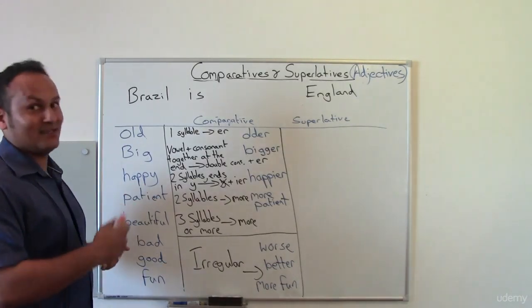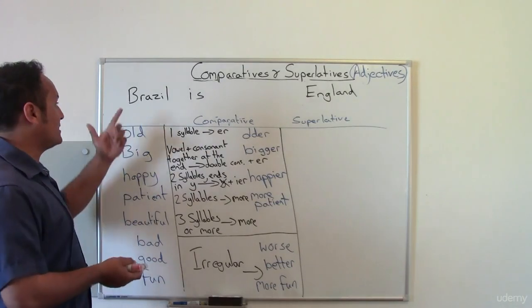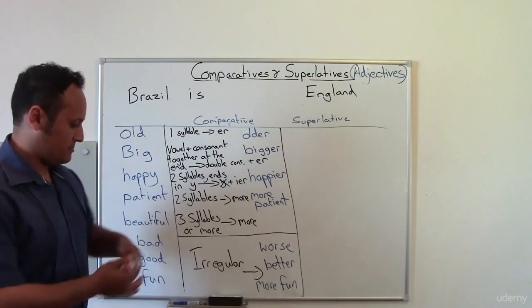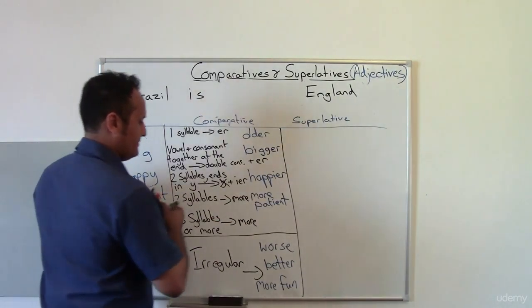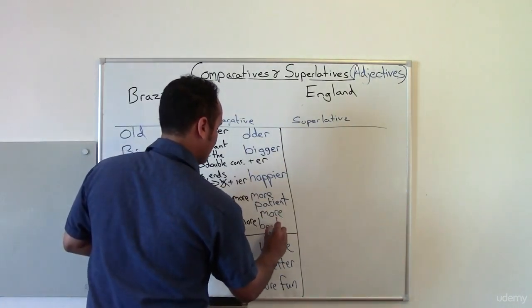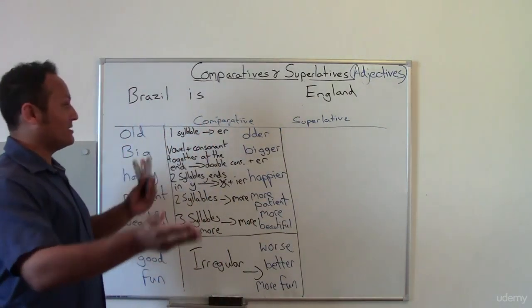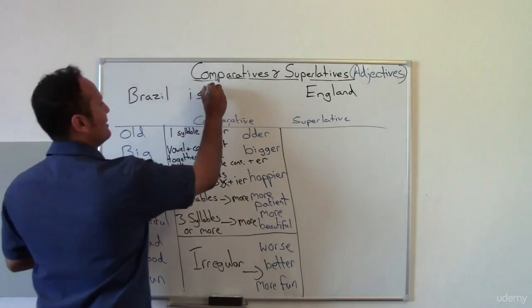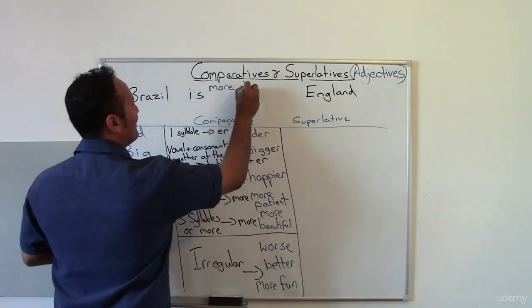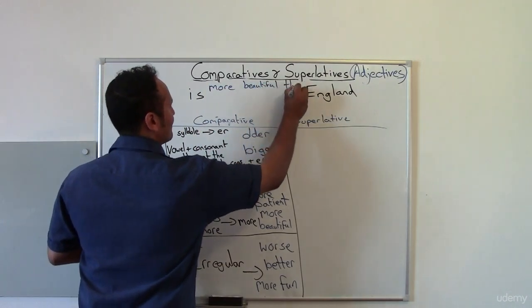So let's try this. You decide. Maybe if you are Brazilian, you say Brazil is more beautiful. Let's write that in. More beautiful than England. Maybe you say this because you are Brazilian. Brazil is more beautiful than England.